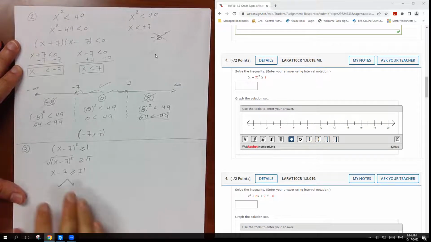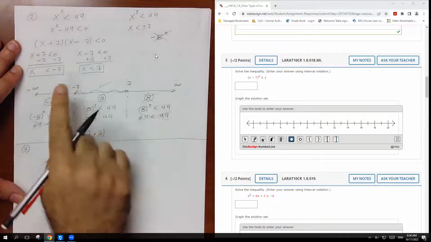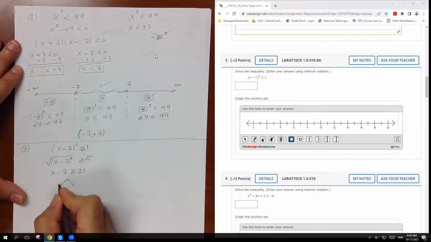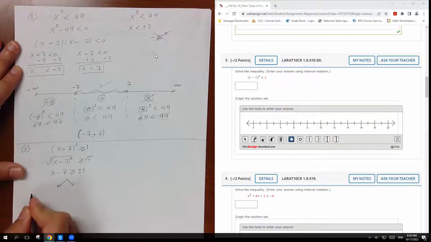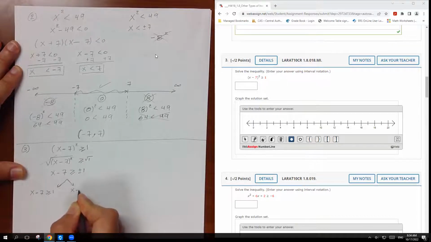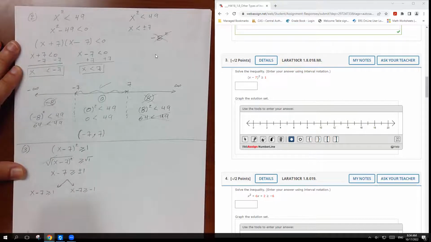It's not a single solution because it's an inequality, which means we're going to work with intervals. Our solution is going to be intervals. That means x minus 7 is going to be greater than or equal to 1, and x minus 7 is going to be greater than or equal to negative 1. Add 7 here, add 7 here. So x is going to be greater than or equal to 8.